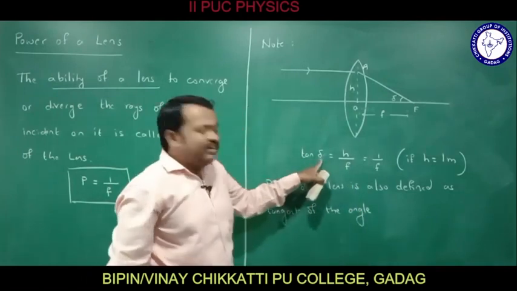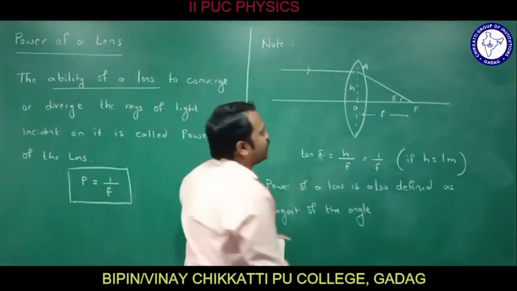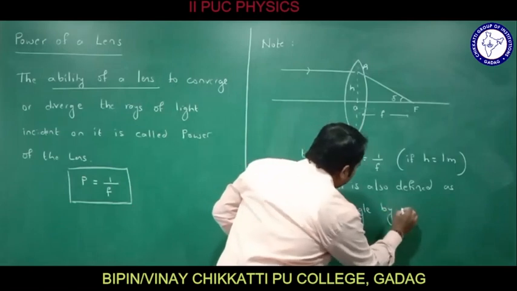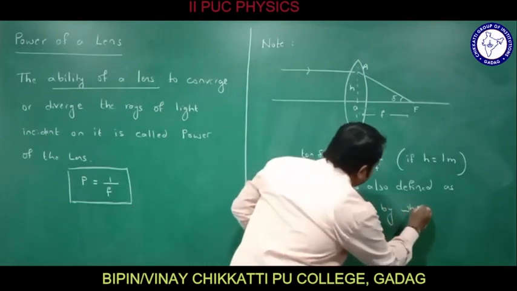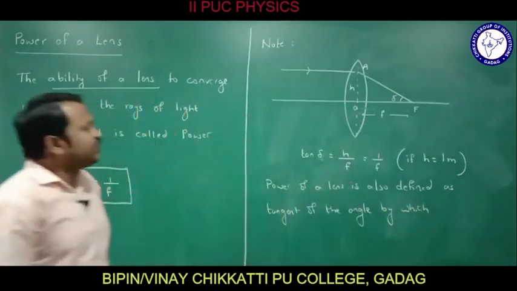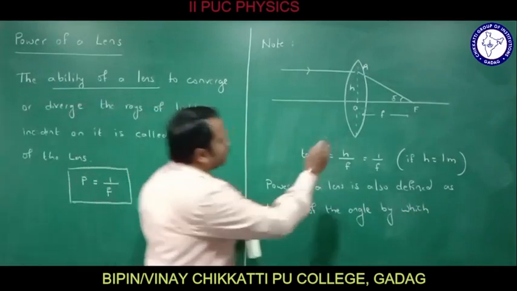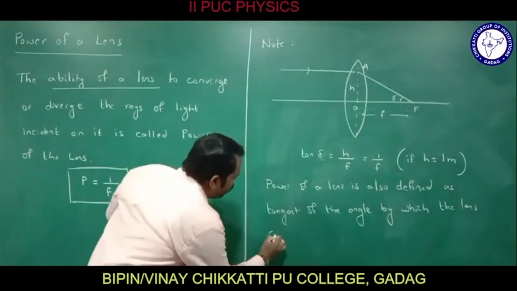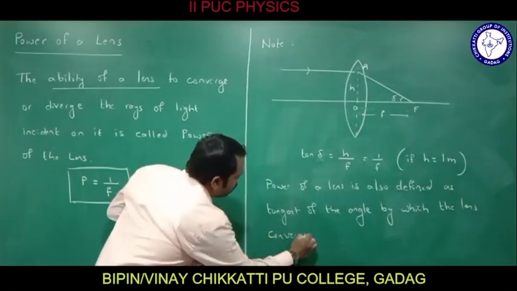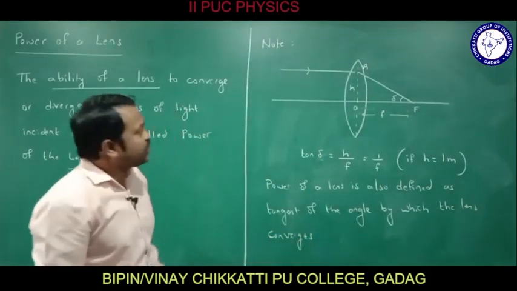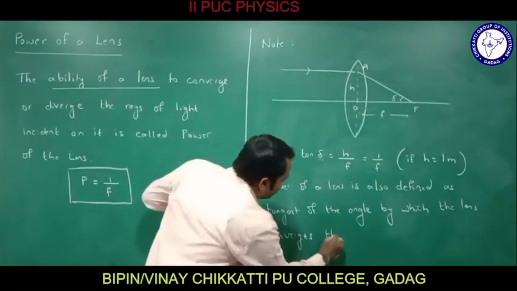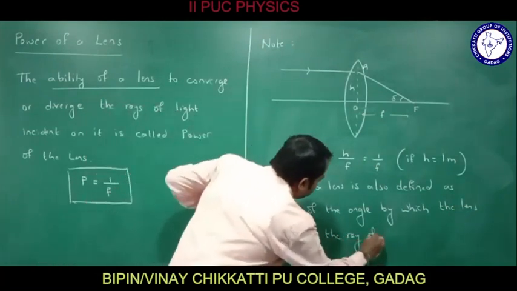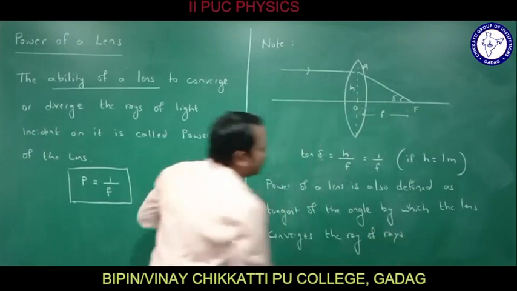What is that angle? Delta. The tangent of the angle by which the lens converges the ray of light.